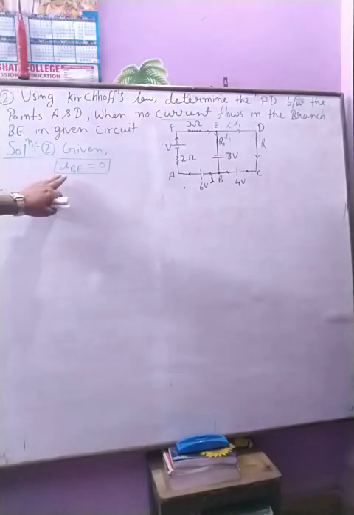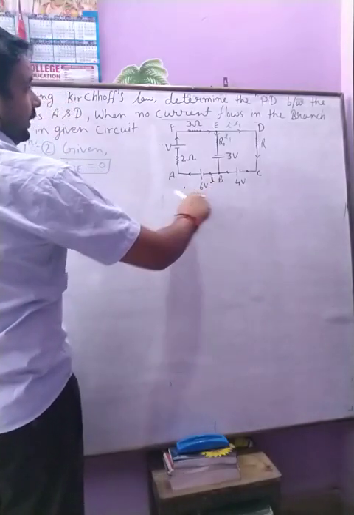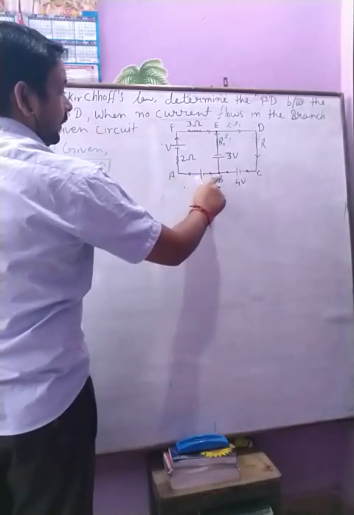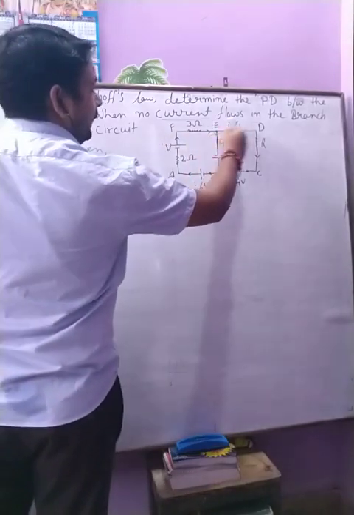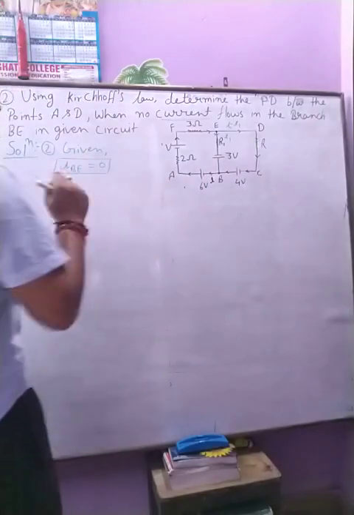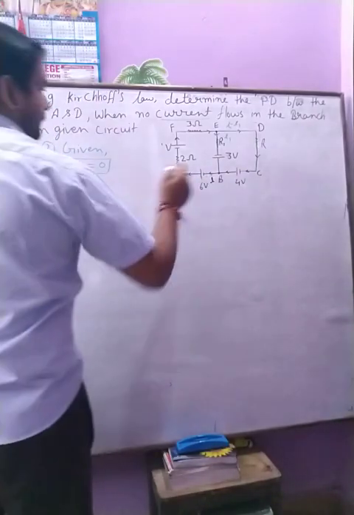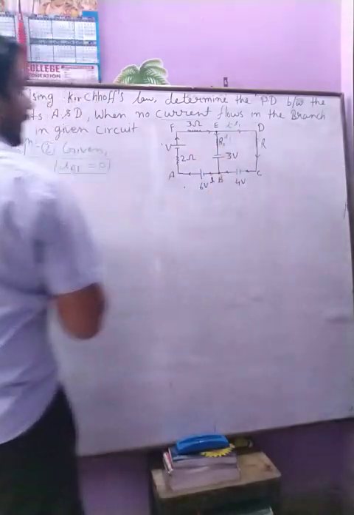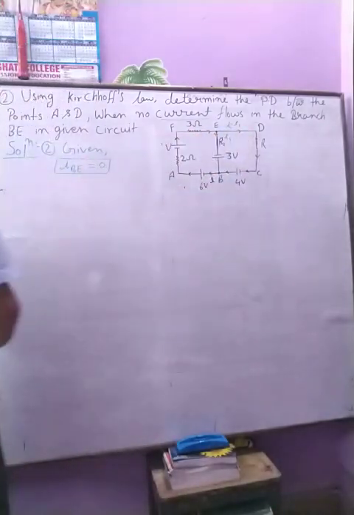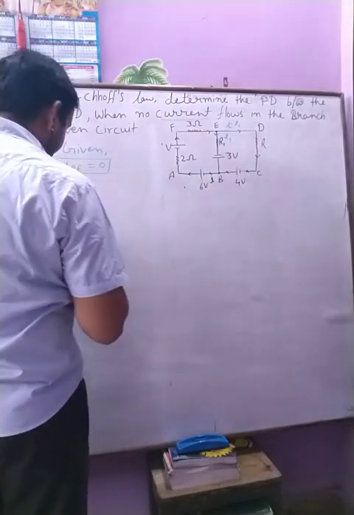Okay, IBE is given as 0, and the current I which is flowing in the circuit is from direction B to A to F to E, D, C, and coming to the big potential battery. First we are moving in the circuit as per distributing current.